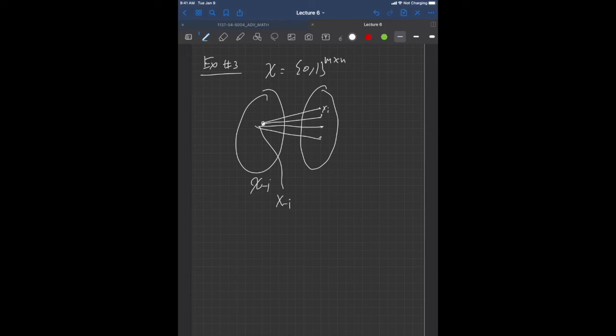And how many possible ways are there to fill in the ith row? In the ith row there are n bits, right? If the matrix was something like this, there are m rows and n columns, so in the ith row in particular there are n bits. So the degree of every node here is 2 to the n.